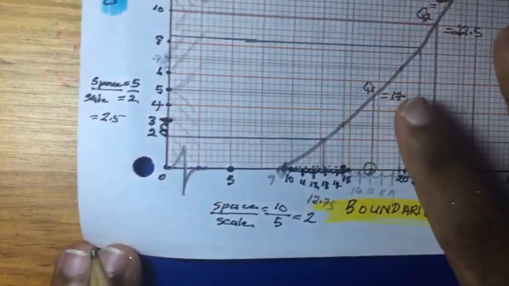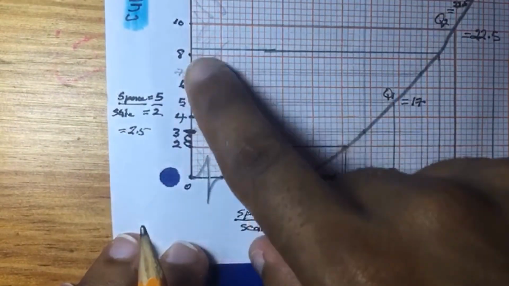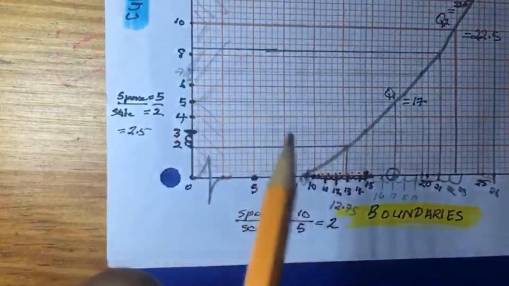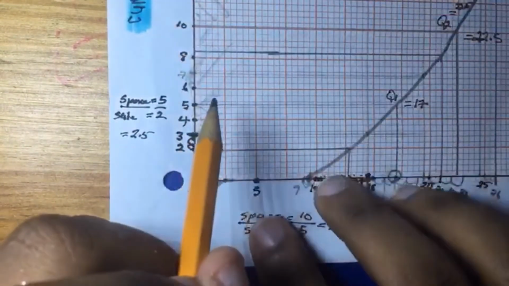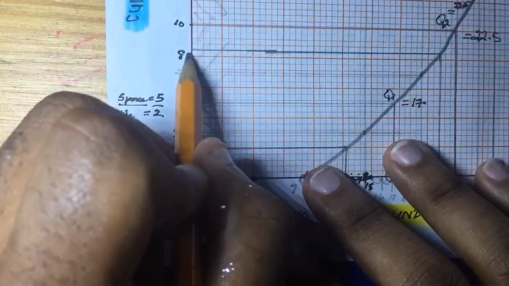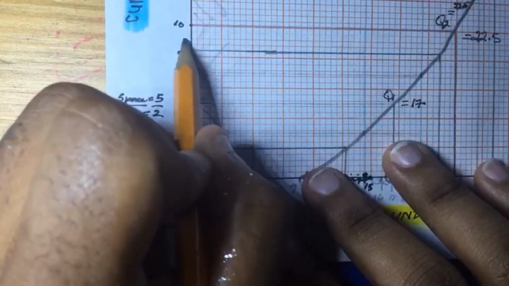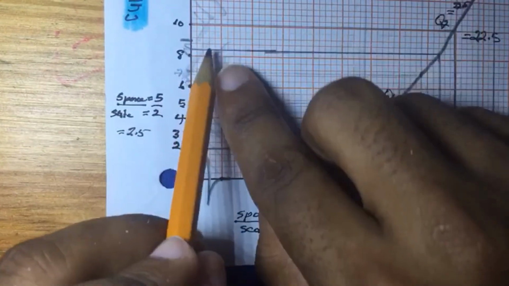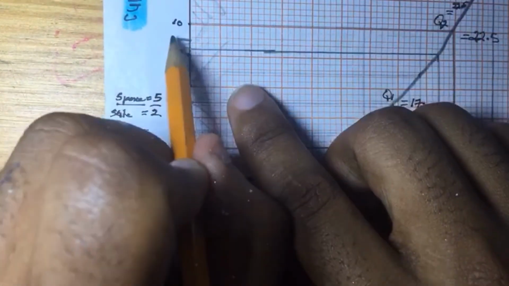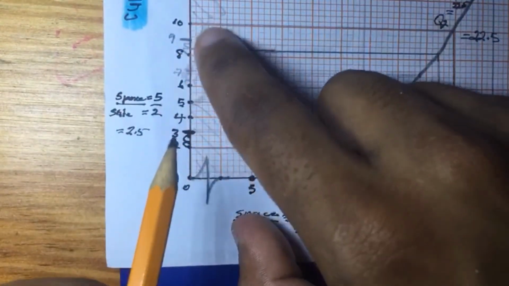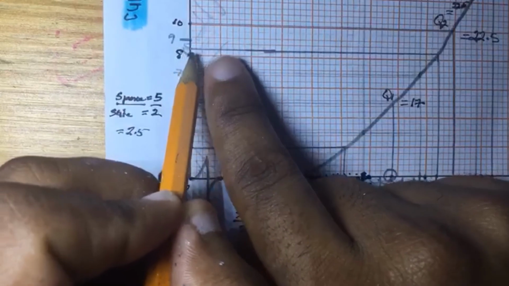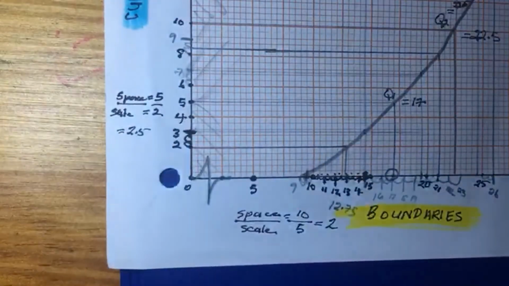So when you look at that number, it's above 8, and we said that every 2.5 on our y-axis will give us 1. So when you check it out, 1, 2.5 right here. So where the line touches over here is less than 9. It's less than 9 but more than 8. When you check it out, it's somewhere between 8 and 9.